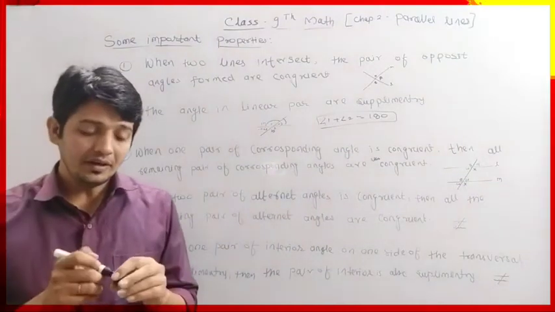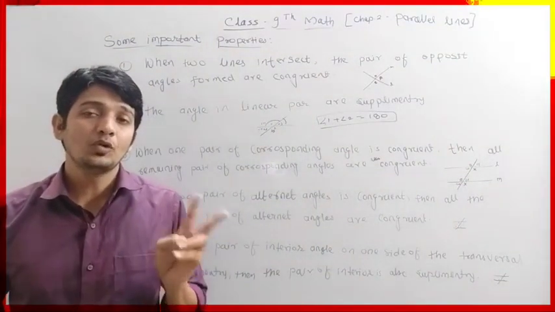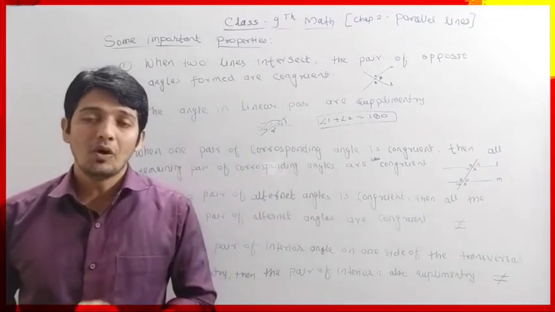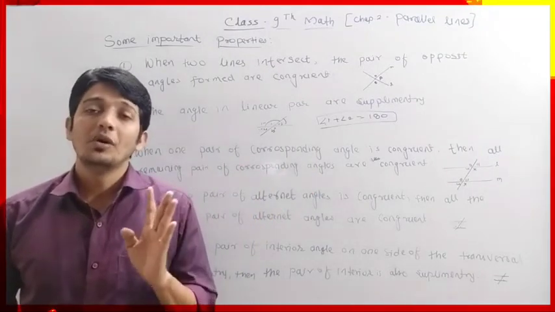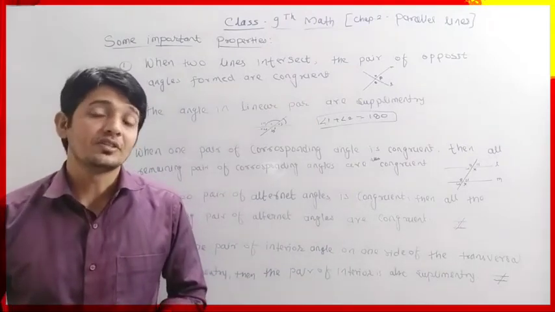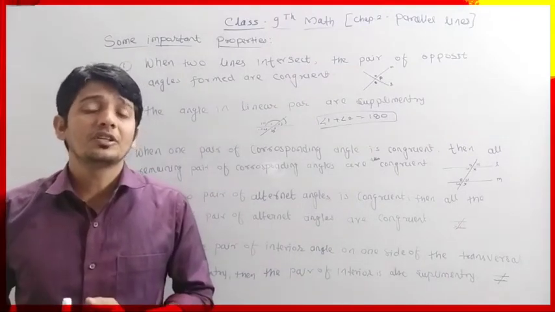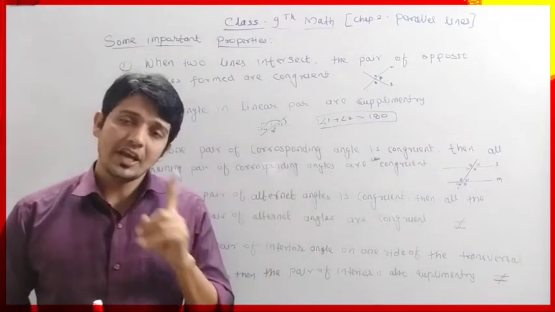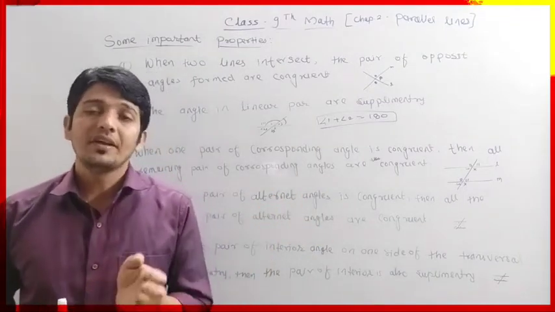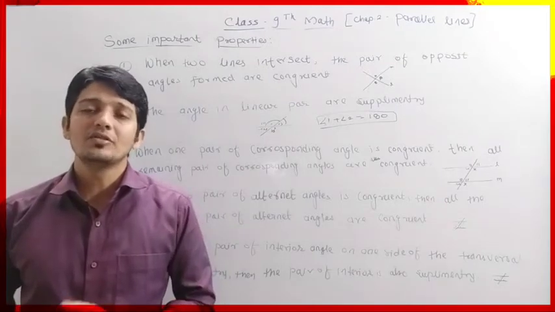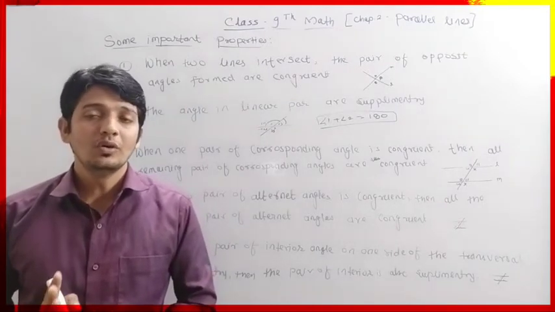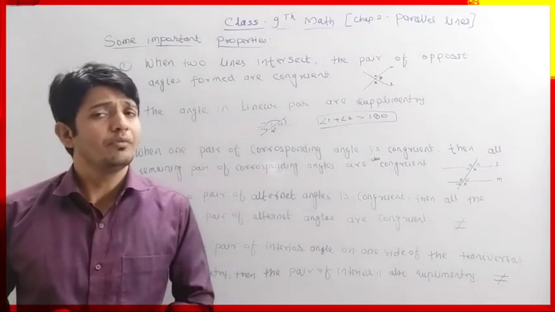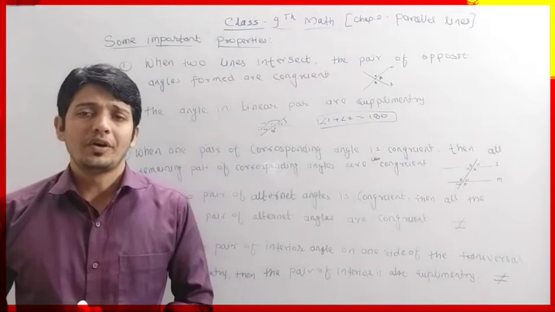So when any transversal line intersects two parallel lines, 8 different angles are formed. Out of them there are 4 pairs of corresponding angles. So if even one of those four pairs is congruent, then the other remaining corresponding angles will also be equal, or we can say congruent.